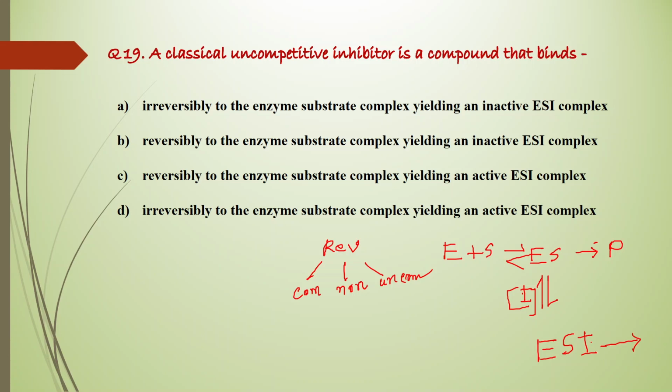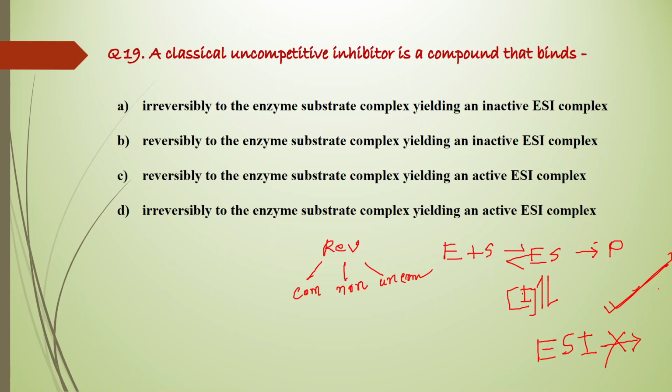Now after it binds with the enzyme substrate complex and forms this ternary species, this can no longer form any kind of product. So this is the basic reaction that follows by the uncompetitive inhibition process.